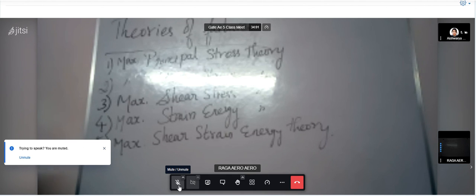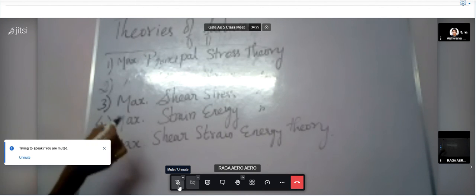Since it is the easiest chapter, we can easily do this. This is for a three-dimensional stress system. If our three-dimensional stress system is subjected to principal stresses, just like sigma 1, 2, 3, then the criteria of failure of a design will be according to that. For that case, we can take the maximum principal stress theory.